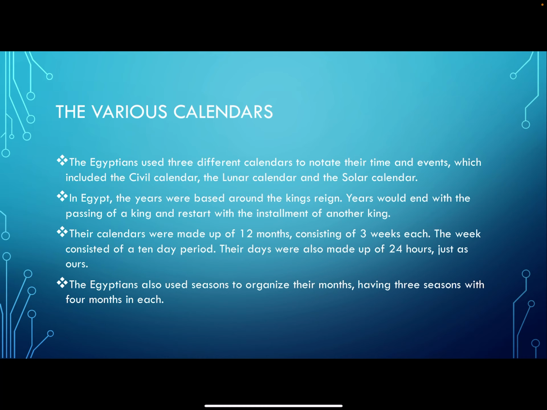So in total, they had 360 days in a year, and five days and a quarter of a day weren't accounted for in earlier times. The Egyptians also used seasons to organize their months, having 3 seasons with 4 months in each.